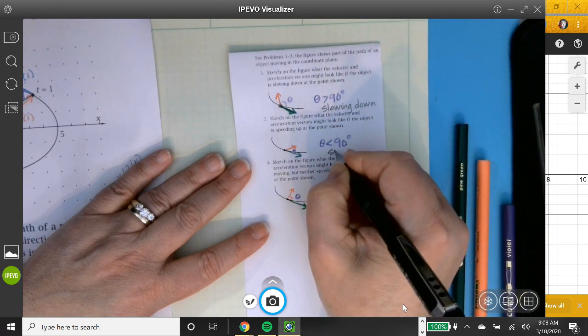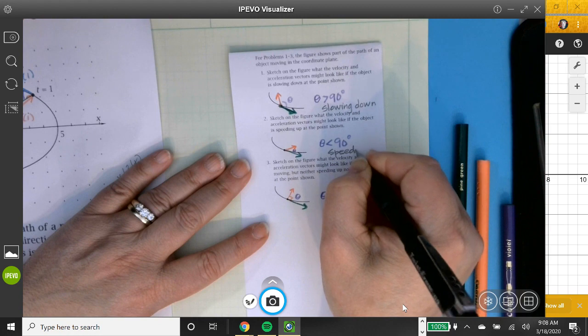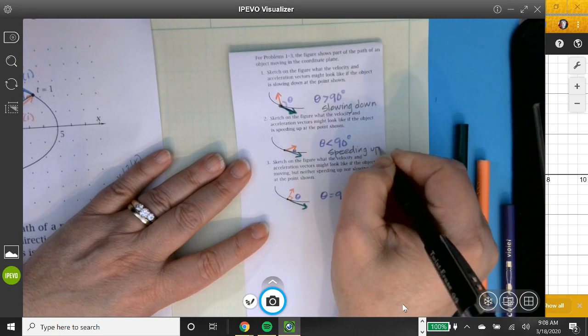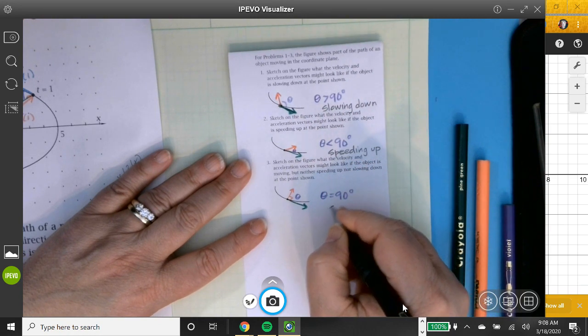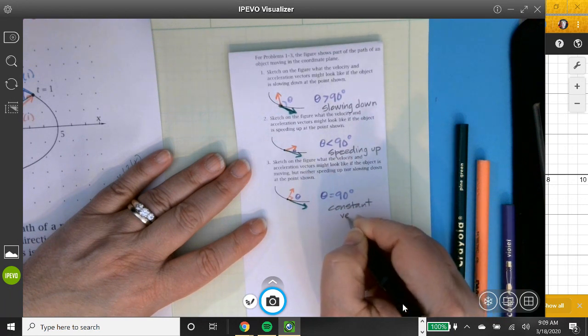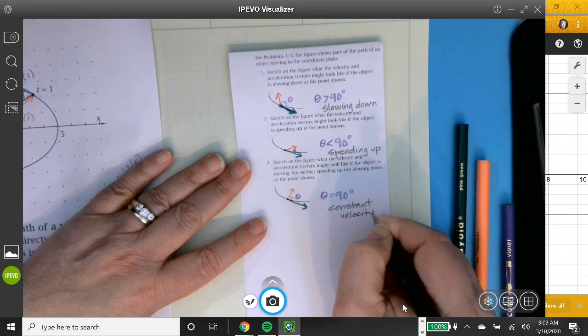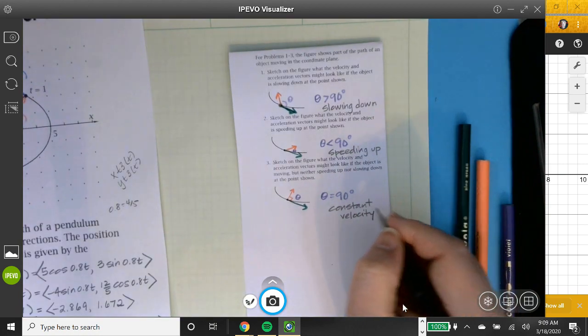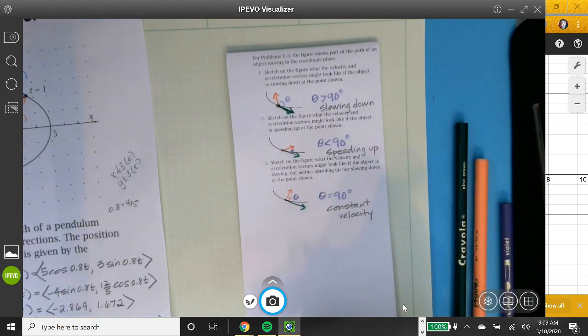This one is speeding up. And this one is constant velocity. All right, that's how you know.